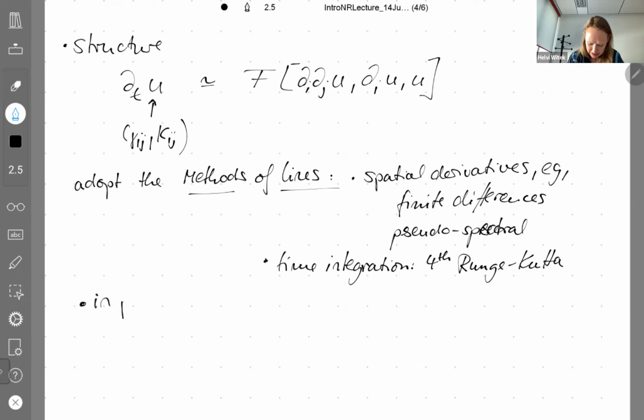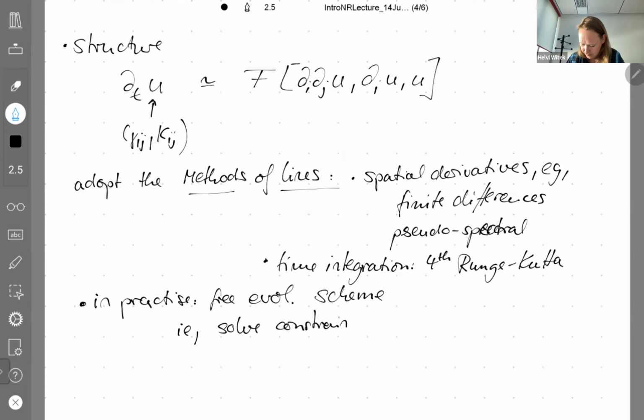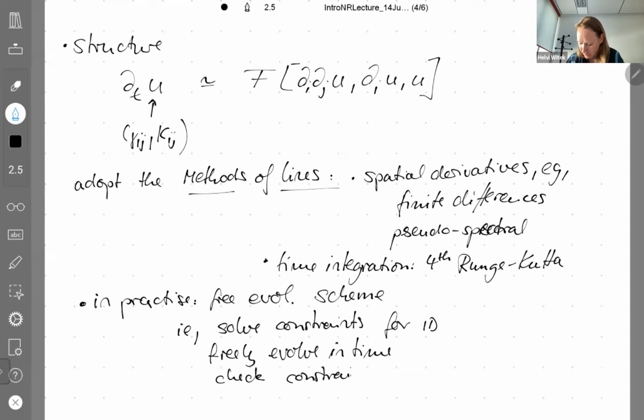So in practice, we use a free evolution scheme. That is, we solve the constraints for the initial data and freely evolve in time, and we just check or monitor the constraints as we go along.